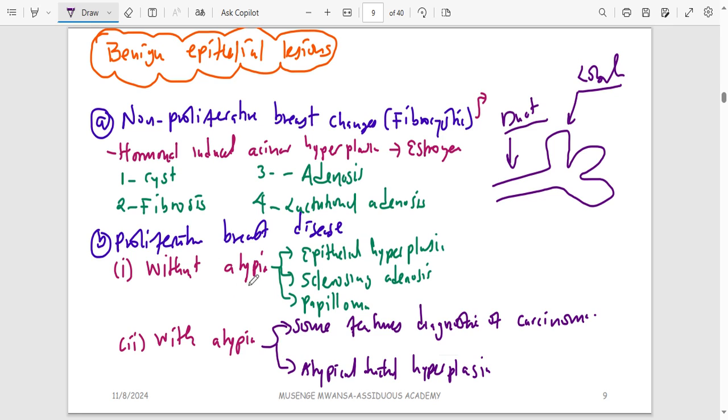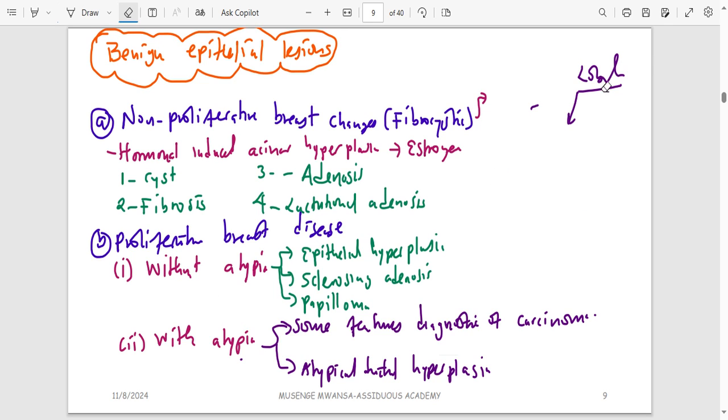So when you have got those without atypia, they can lead to those with atypia. Those with atypia, now these guys have got a risk. If someone has got atypical ductal hyperplasia, that is a risk. Later on in life, they can actually develop a cancer. Remember the one without atypia, we said that it is just a predictor, but it doesn't mean that someone is likely to have cancer later on.